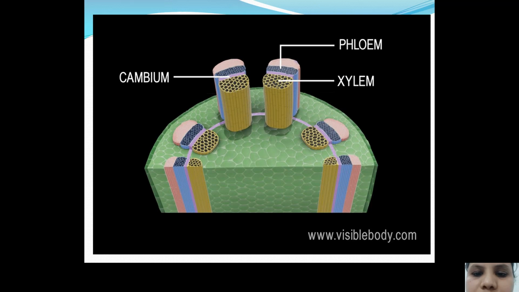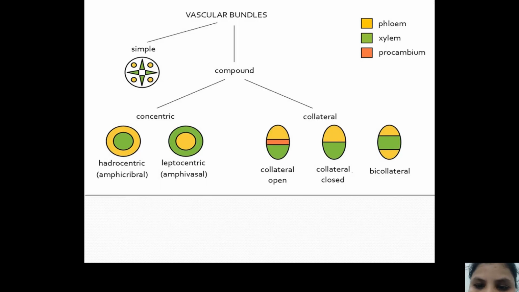Now, here if you see, this is a cross section of a stem where you can see xylem and phloem, which we have discussed just now. And the strip present between the xylem and phloem is the cambium. Together they constitute vascular bundles.